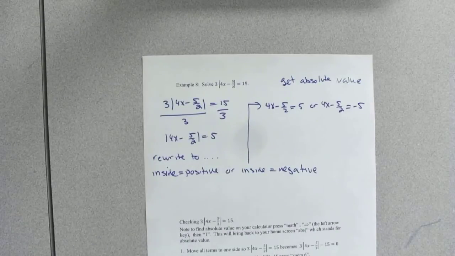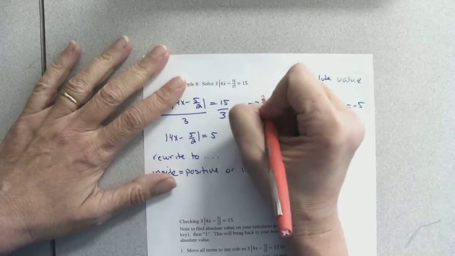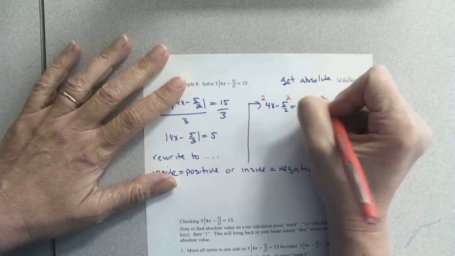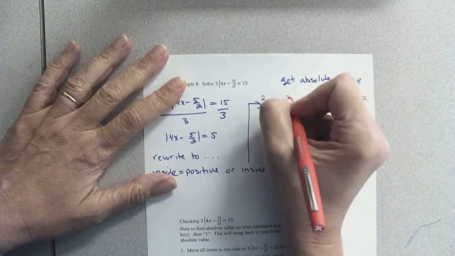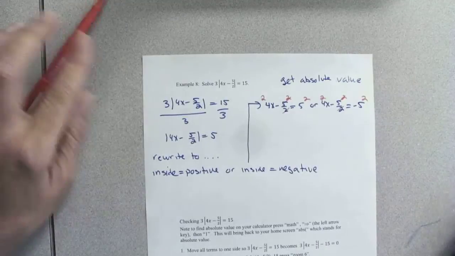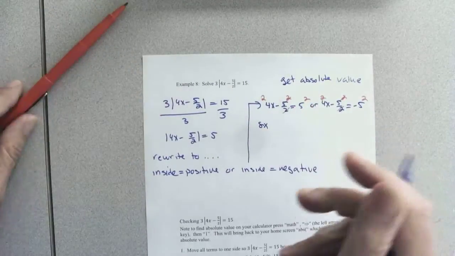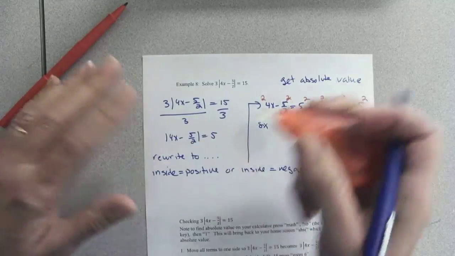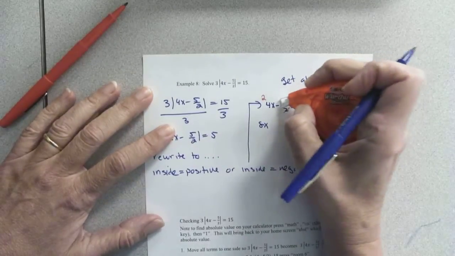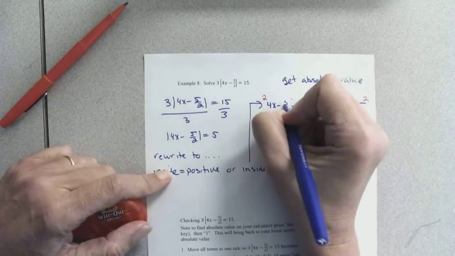Now we solve those equations. I'm going to clear that fraction. So I'm going to multiply everybody by 2, canceling those fractions. And I get 8x. I got a little aggressive there with my canceling. It looks like I canceled the 5.